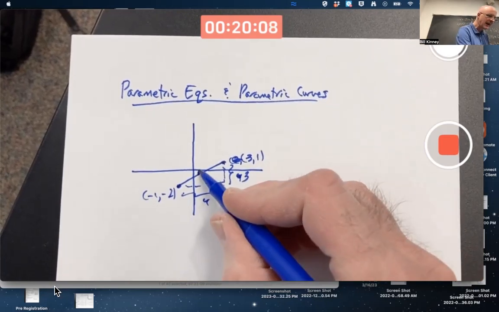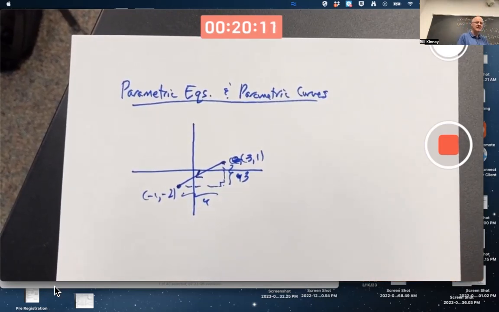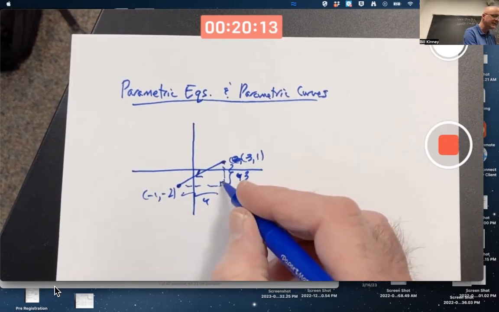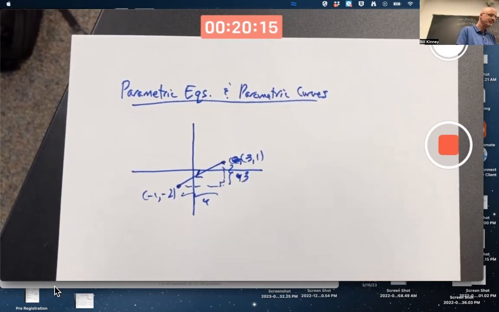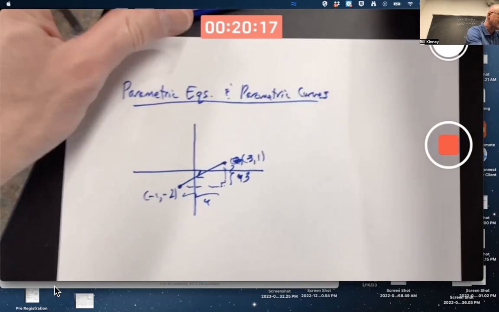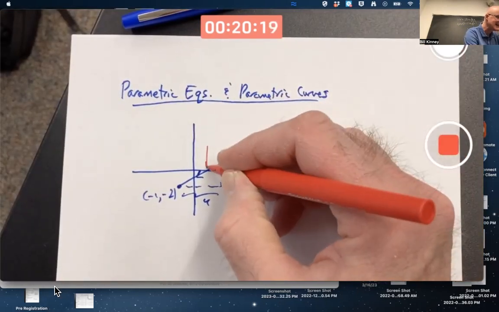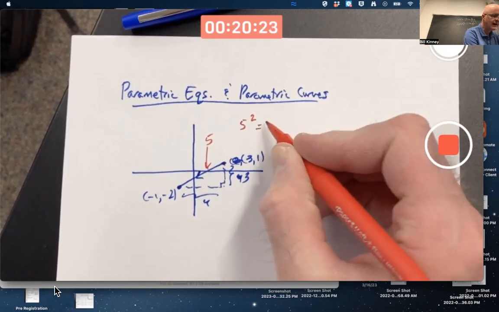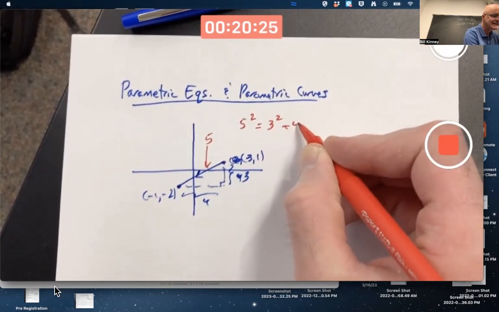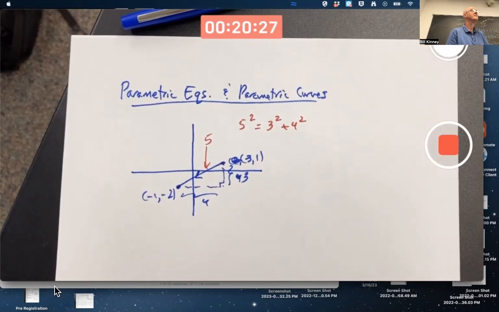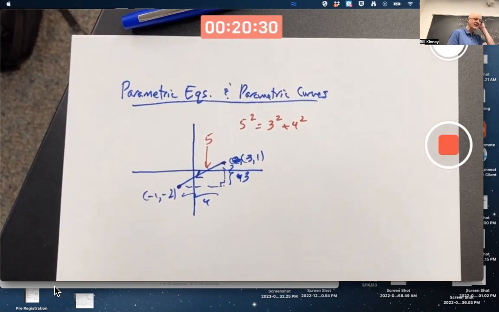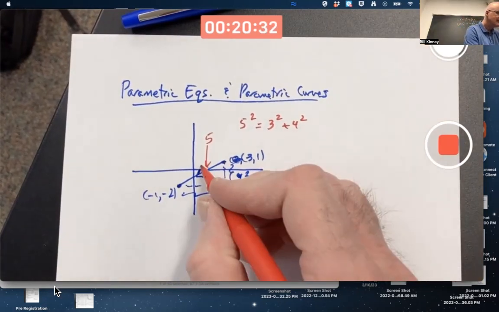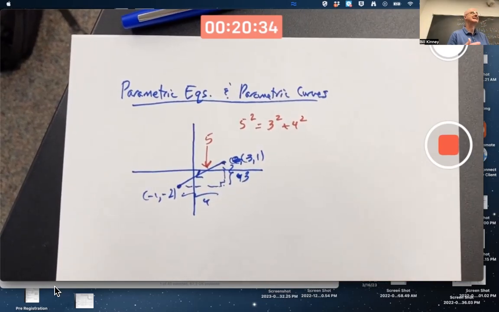So the bug is going to travel along that line. And I made this a 3, 4, 5 right triangle so that the numbers come out nicely. The hypotenuse has length 5, right? 5 squared is 25 equals 9 plus 16. 3, 4, 5 right triangle. That'll make thinking about this nicer.